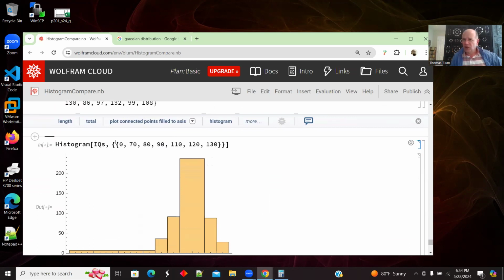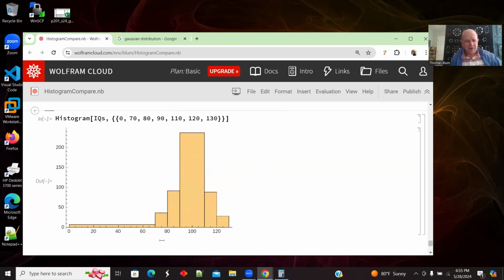And if you have curly brackets, a list of lists, but only one inner list in the outer list, then these are the lower edges of bins. So I said I wanted one huge bin spread from 0 to 70.